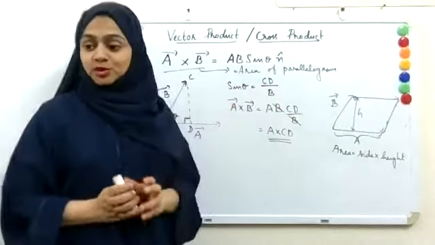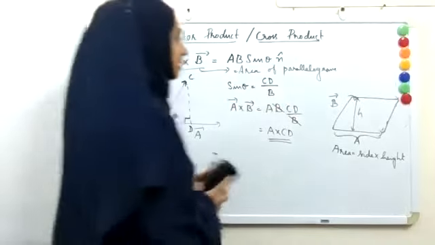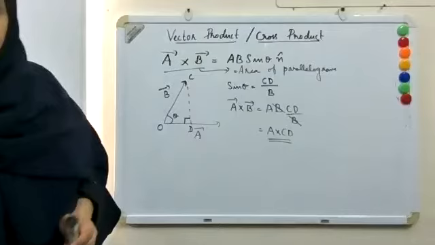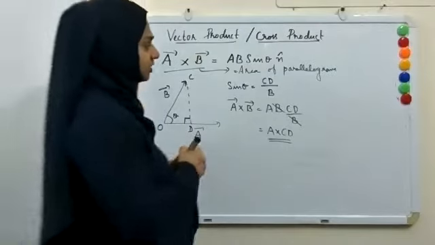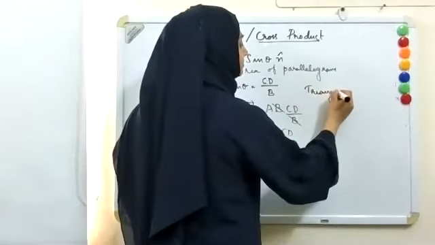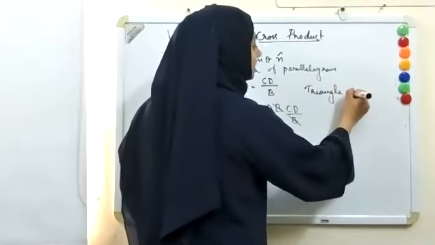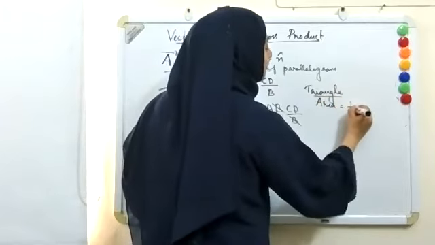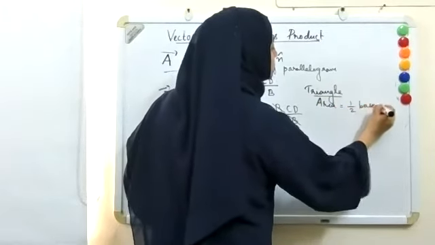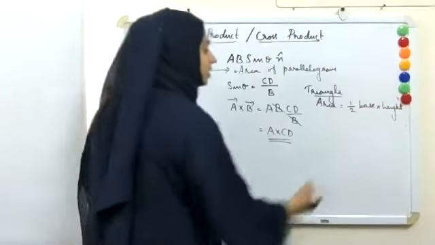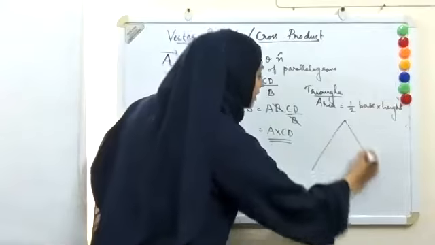Now, there is one more thing. What is the area of a triangle? Half into base into height. Triangle area is equal to half into base into height. Right? So suppose I have a triangle here.